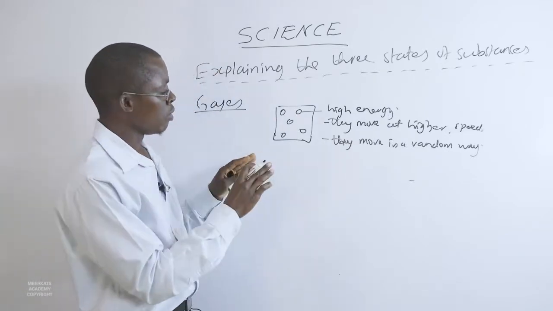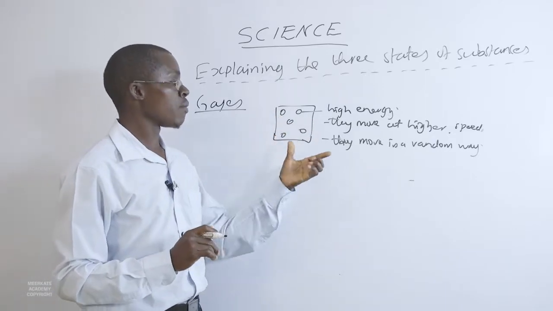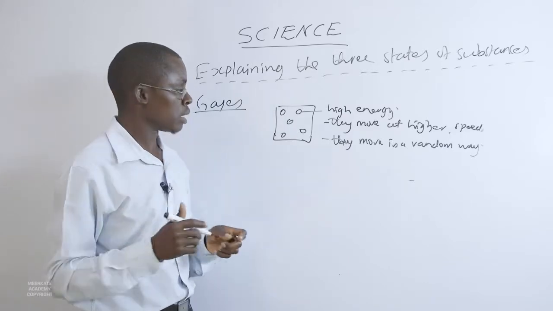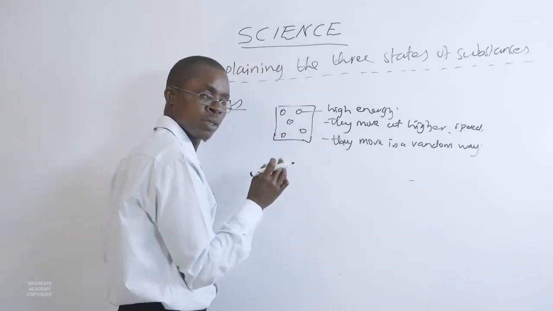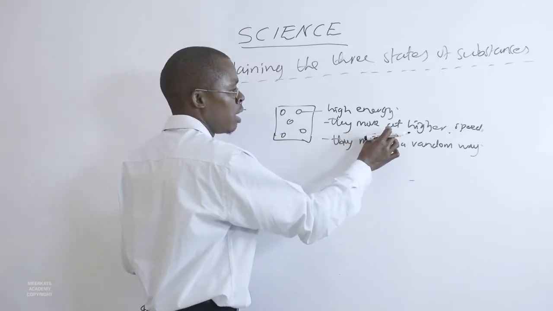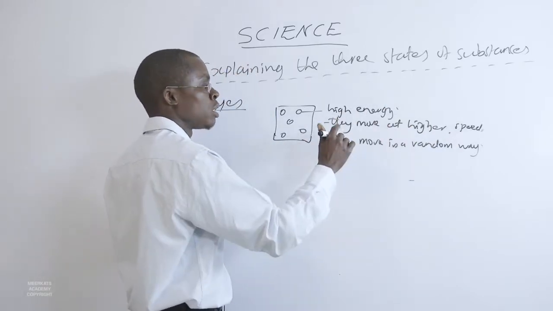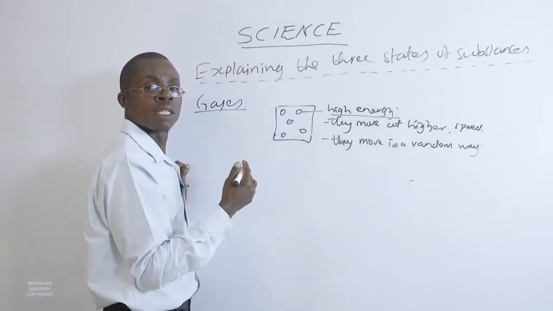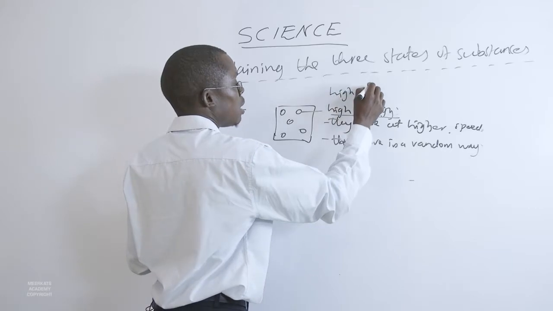So let's first of all explain some of these observations, because they are very helpful in what we are going to talk about next. Now, why do they move in a random way? And why are they moving at a higher speed? All these go to high energy. But where are you getting the high energy? It is because of the high temperature.